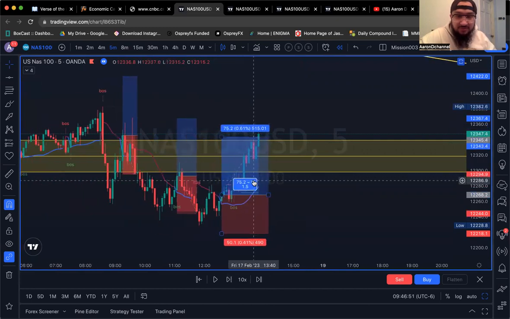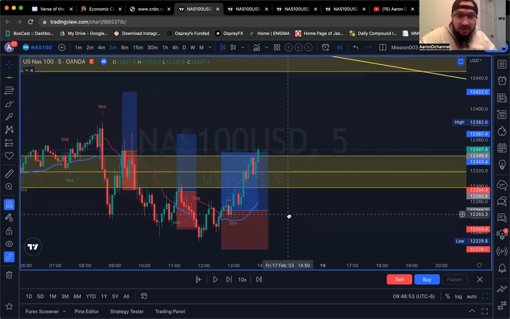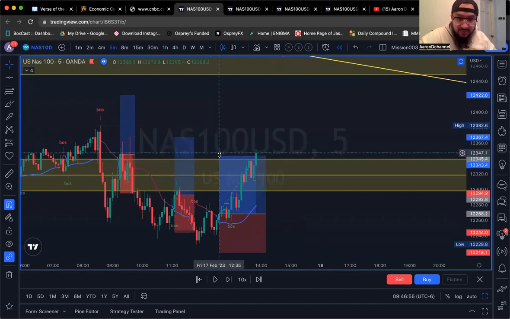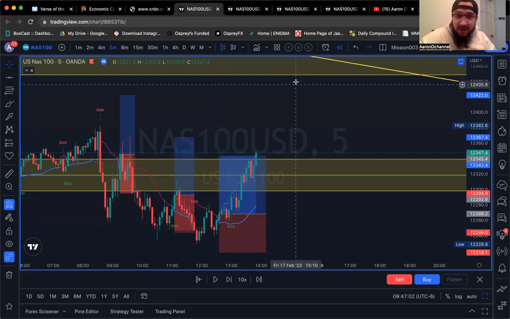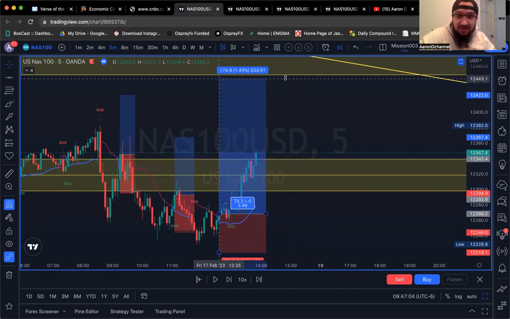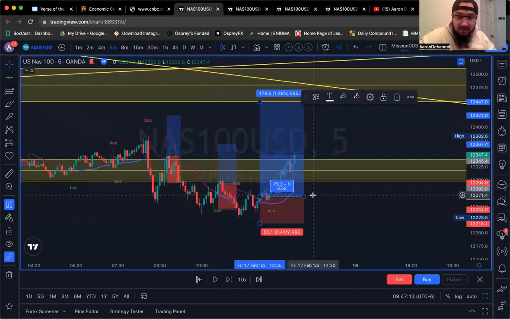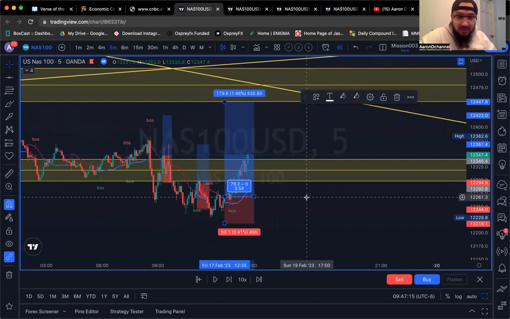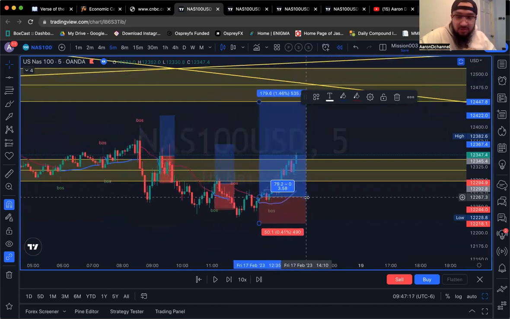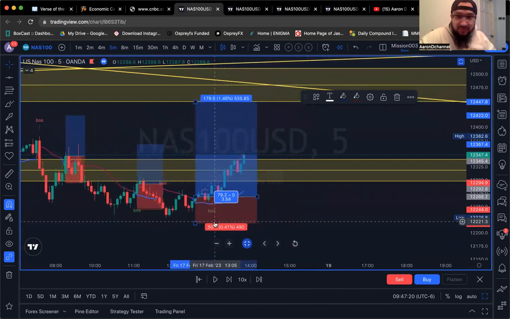Here's what I also want to keep in mind: just because it hit my target doesn't necessarily mean I exit. Price could continue to go higher. So I want to target where I think it could potentially go. If that's the case, I would be risking 50 to get close to 180.